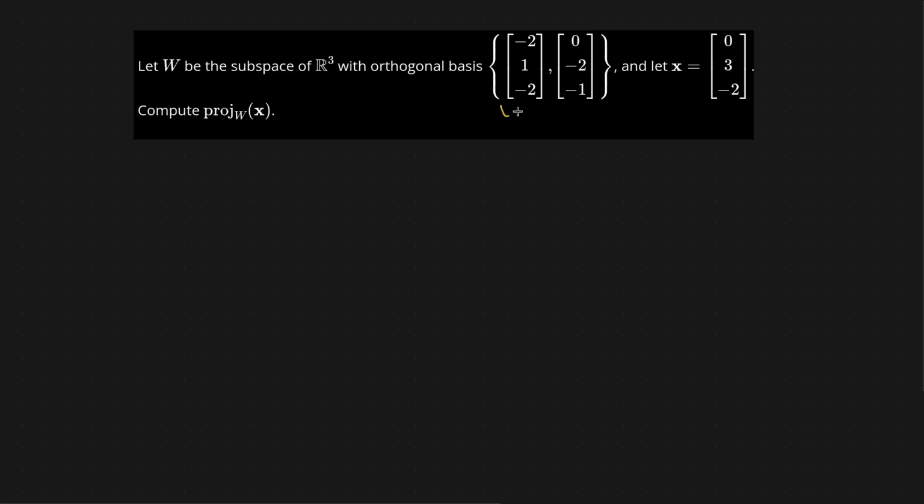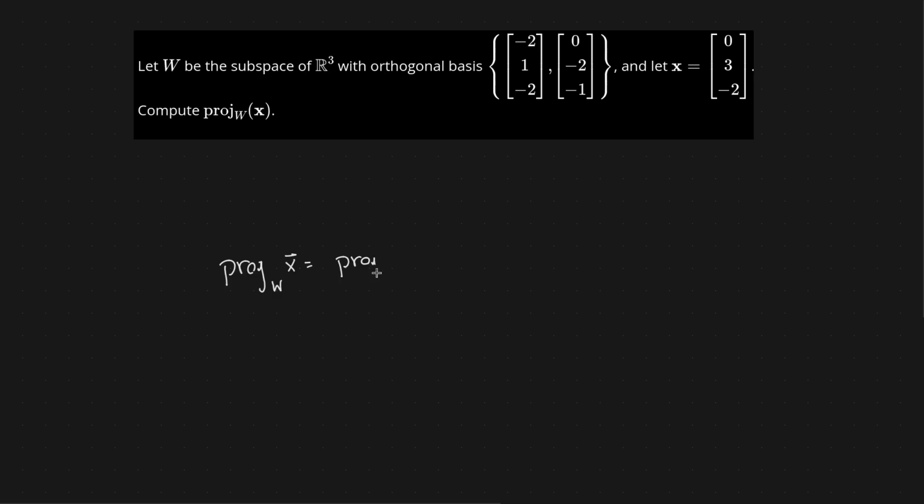Well, we know we have an orthogonal basis here, right? And because of that, to compute the projection of X onto vector space W, we just need to compute the projection of vector X onto each vector in the orthogonal basis.